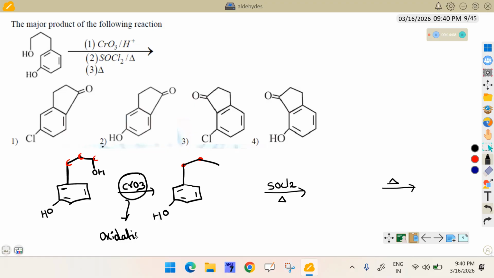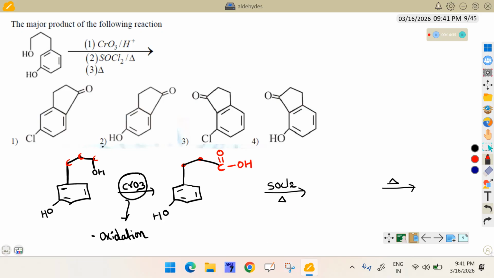Partial oxidation takes place. Alcohols undergo oxidation. 1, 2, 3 carbon. A 3 carbon alcohol undergoes oxidation, then it gives carboxylic acid, COOH.